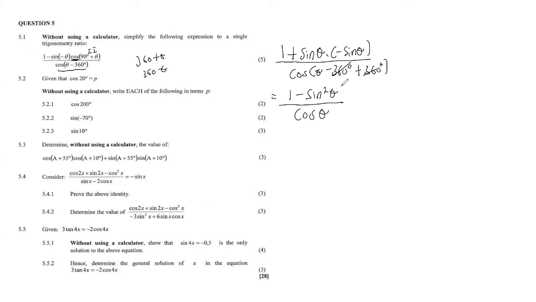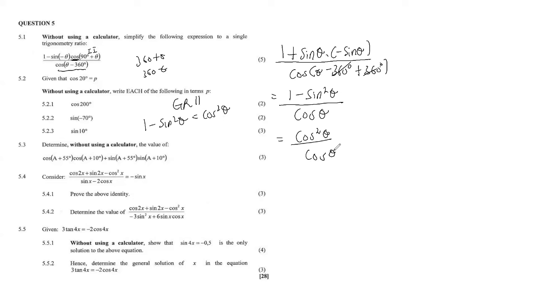But looking at your numerator here, you will remember from grade 11 that we have a trig identity that says 1 minus sine squared theta is equal to cos squared theta. So note that with your grade 12 trigonometry, about maybe 70 or 80% of the trigonometry that you'll find in grade 12 is actually based on the grade 11 trigonometry.